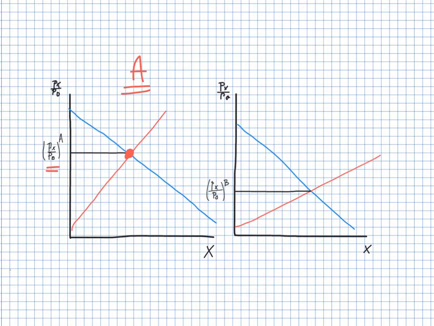But if we had another country that has different preferences, and if you remember, different preferences will give us a demand curve that looks different. Or if you had different technology or a different amount of resources, that would give us different opportunity costs or different marginal costs or a different supply curve.